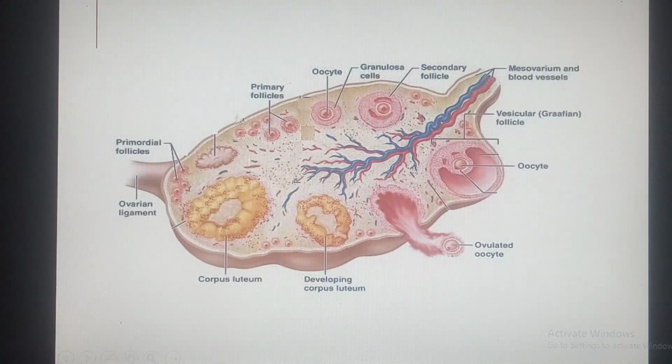Now I told you that as follicular growth happens, estradiol or estrogen is produced. Remember that estrogen is needed for the initial preparation of the uterus, the initial thickening of the uterus. Estrogen or estradiol will also be relevant in promoting the secondary sexual characteristics of females, having a lot of increase in the breast size.